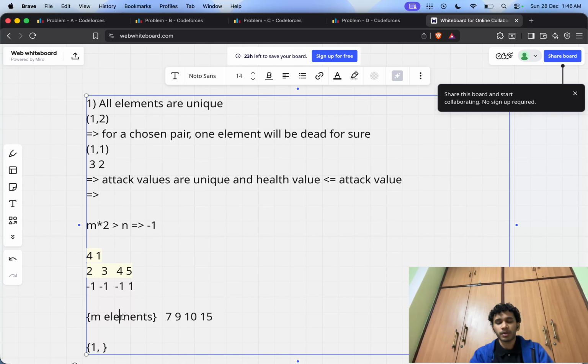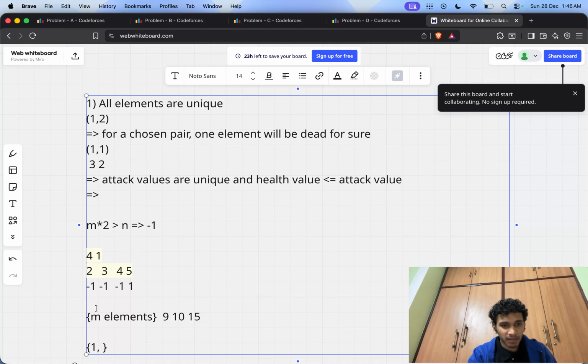Pick up an element from m, and let's say it fights with 7. It is sure that that element will lose because its health value is smaller than 7, and it is sure that 7 will survive because its attack value is greater than the other's health. So we have removed one element and we have inserted one element, and the scenario is same as it was in the starting.